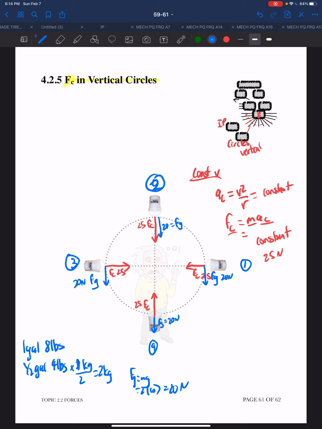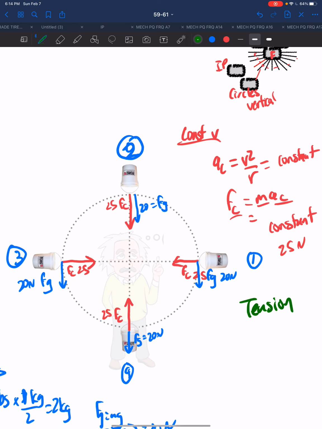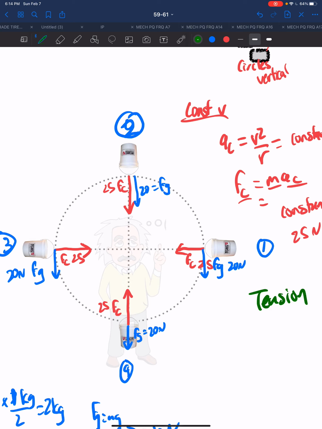Let's now examine specifically what's going on with the tension. The tension, which we will draw in green, let's consider in case number 1. The weight and the centripetal force are perpendicular to each other, so they don't interact. The only other force involved is the tension.